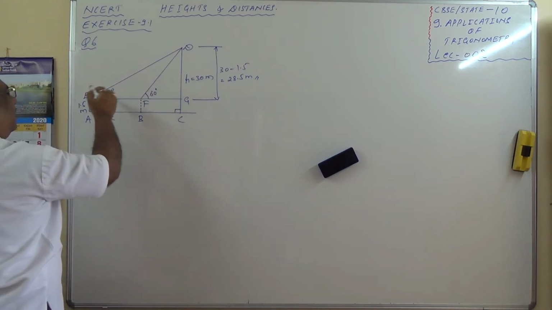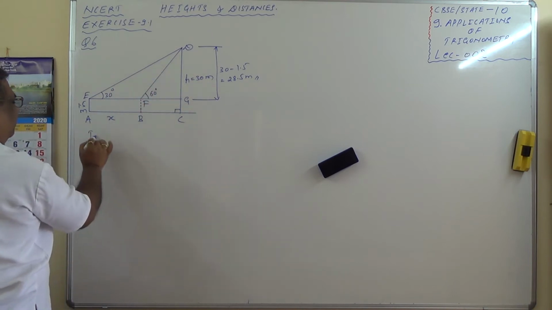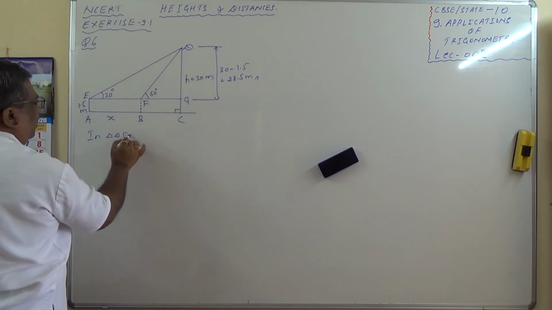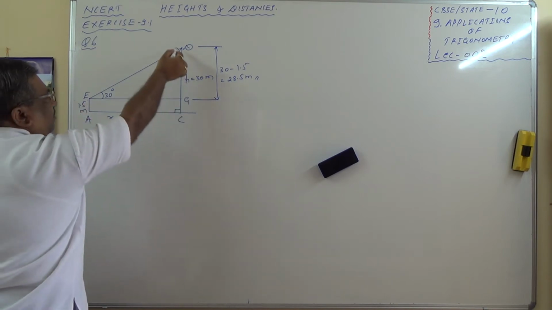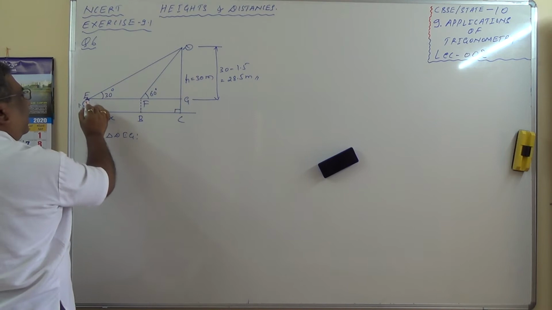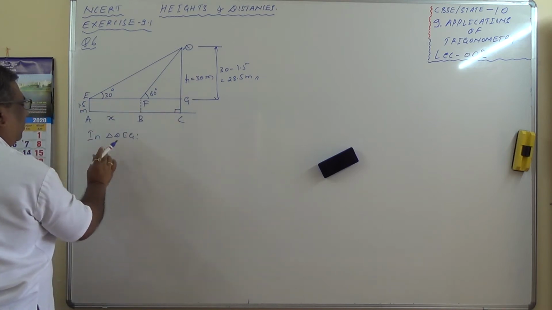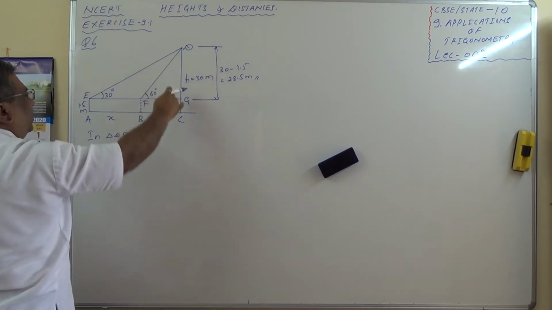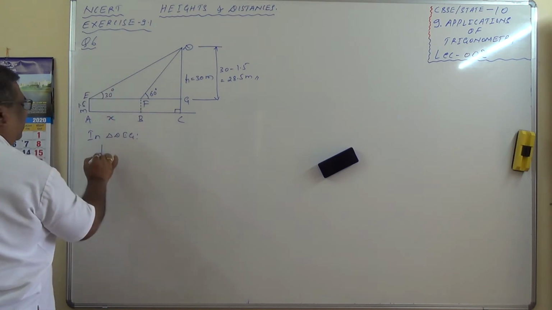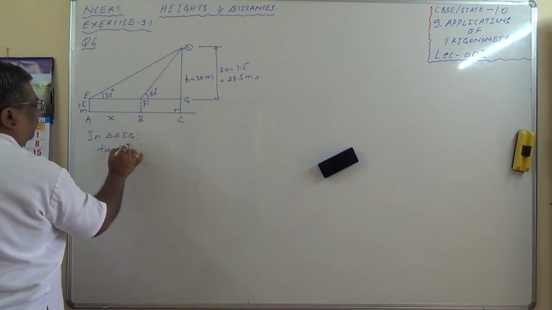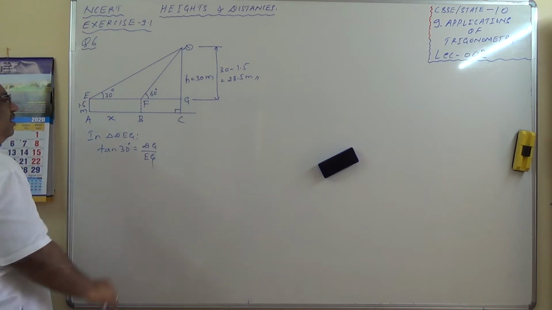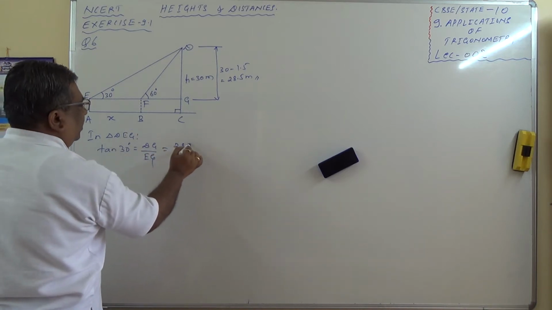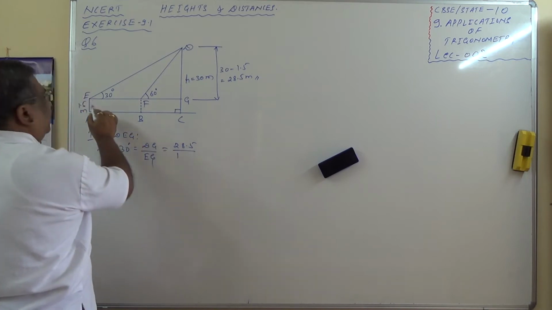So in triangle DEG, I need to know EG here. I know DG, which is 28.5. I need to know EG. So how do you calculate? DG by EG equals tan 30 degrees. DG is 28.5 meter by EG.